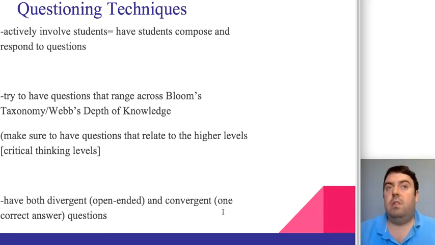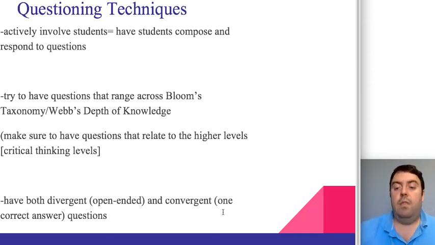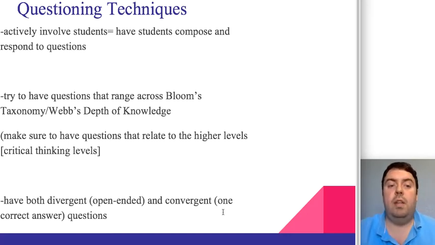So even if a student doesn't necessarily want to present their ideas in front of the whole class, they still had an opportunity to share their point of view and to participate in their small groups or in their partner groups. Another thing to note when you're providing questioning is that you want to make sure that your questions go from all spectrums of the level of rigor available.